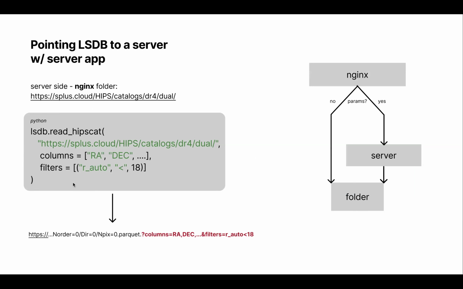When LSDB detects that it's a remote file system, it will put the parameters on top of the request, for example the columns that the user specified and the filters also. And then on the server side, there will be Nginx or a proxy of your choice that still points to the folder if there aren't any parameters. But if there are parameters, it will point to our server that does the lazy part on the server side.